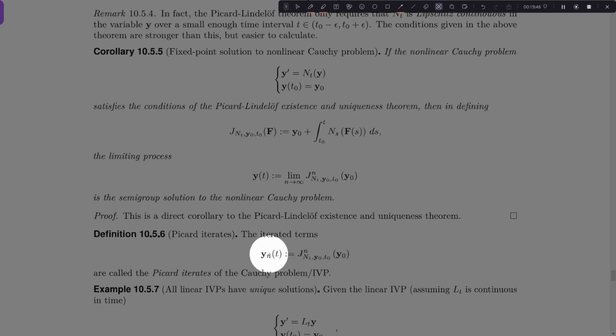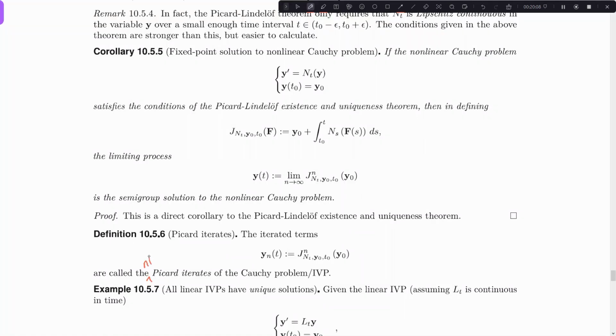We take finitely many powers of that operator, and what we get is the nth Picard iterate, and this will be an approximation to the solution. So this is one way of constructing approximations to solutions. And this is maybe the easiest approach to approximating solutions, because it's not that hard to tell a computer how to implement something like that and just have it iterate 10 times, and you're going to get something really close to the actual solution.